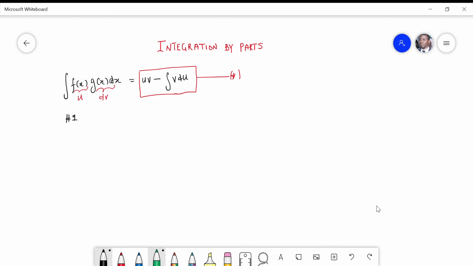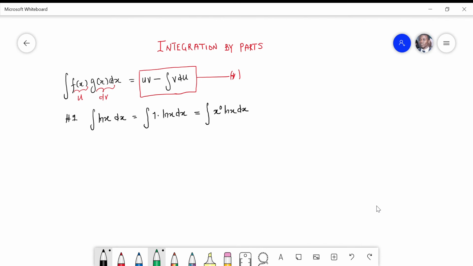So this is the example. We want to integrate ln x dx, right? So ln x dx can also be written as 1 ln x dx, which can also be further written as x raised to power 0 ln x dx, right?